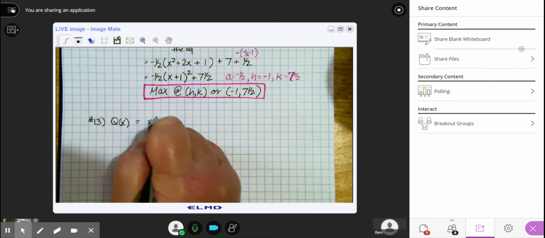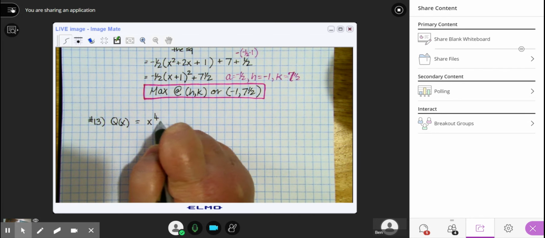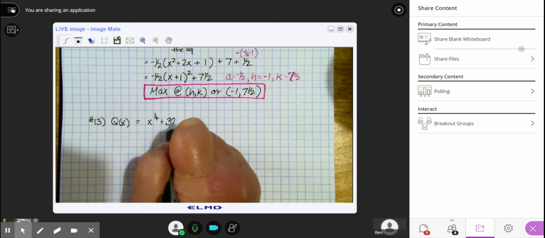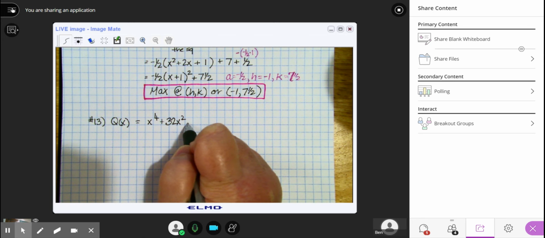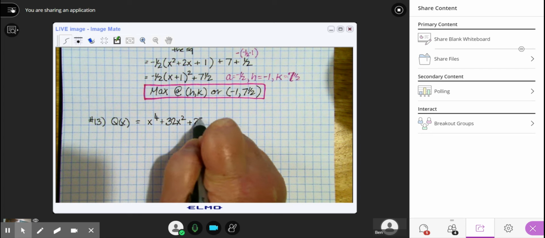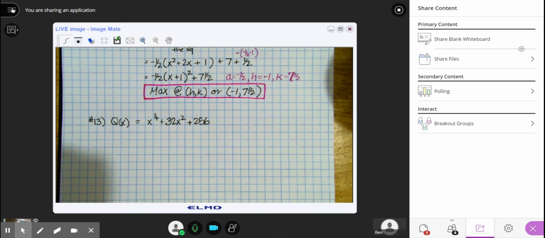All right. So I've got x to the fourth plus 32x squared plus 256. Okay. So what do you see there?